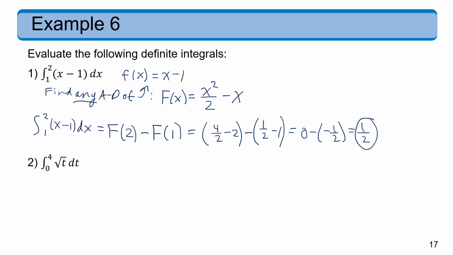So just for fun, let's think about the area that we just found, right? Because we know definite integrals are finding areas. So I'm going to sketch the curve y equals x minus 1. So that's a straight line that has slope 1 and y-intercept negative 1. So let's see. For x, I only need to go out to 2, but maybe we'll go a little farther.